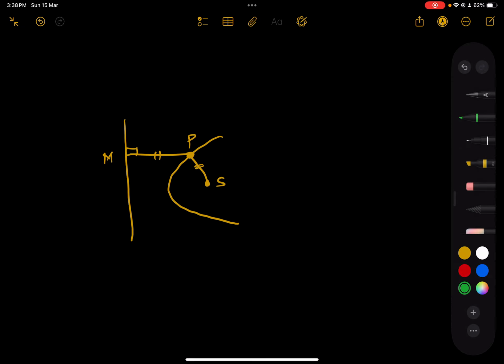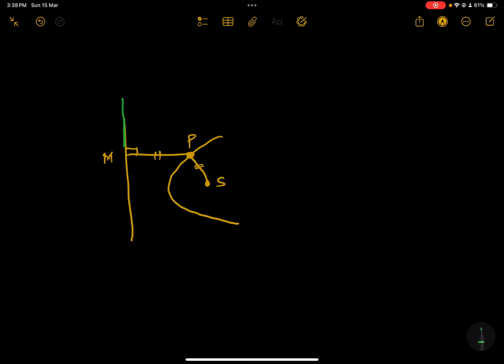So if your parabola will look something like this, this is your focus and this is your random point P and this is your directrix, and this SP is equal to PM. So what is your axis? Your axis will be the line that passes through the focus and perpendicular to the directrix. So this is your axis.